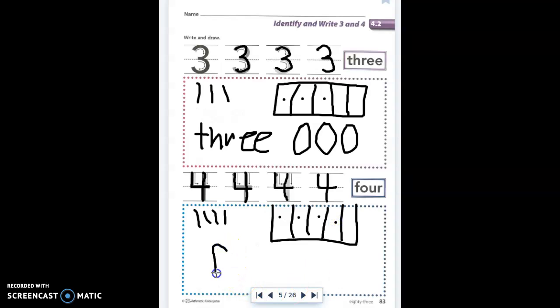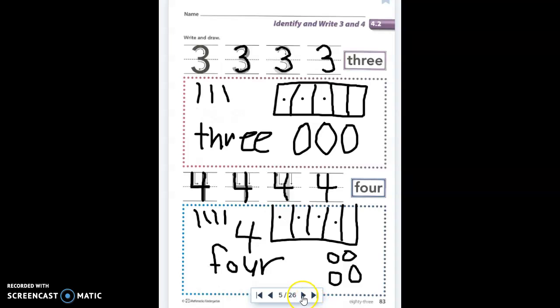I can write the number word F-O-U-R. I can draw 4 objects. 1, 2, 3, 4. Or I can represent the number with the symbol that looks like that. All of these are different ways that I can show 4.